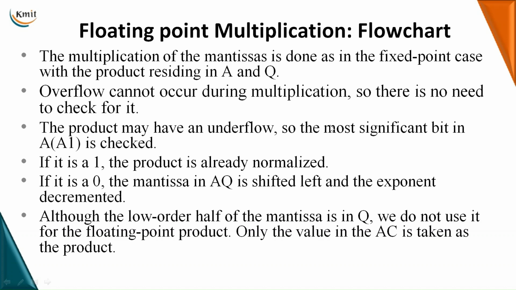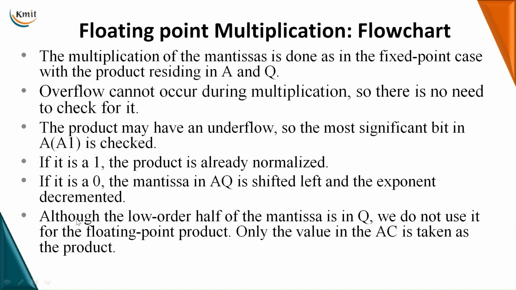So we need to check the most significant bit of the contents of register A, which is represented by A1. If the A1 bit is a 1, it means that the product is already in a normalized form. If it is a 0, then the mantissa present in the A and Q registers has to be shifted towards the left and the exponent has to be decremented.